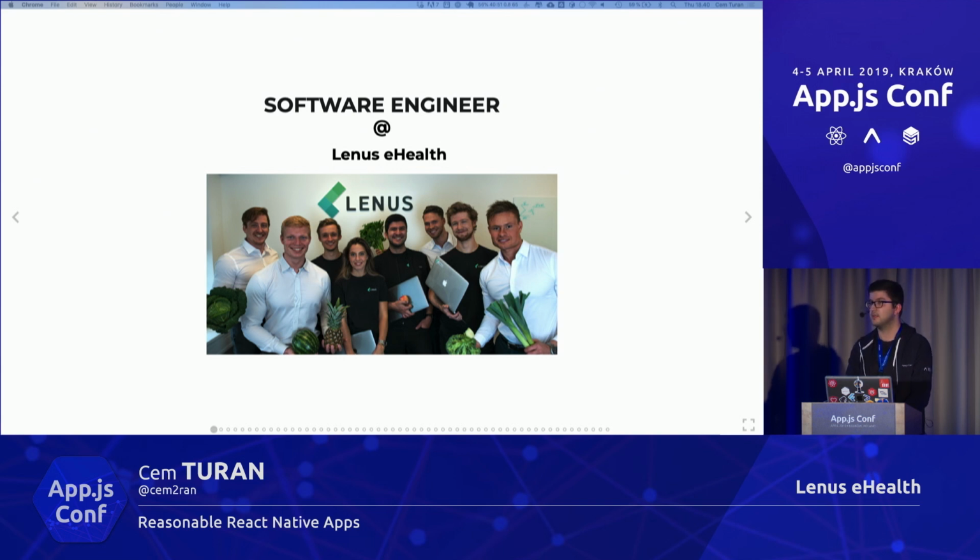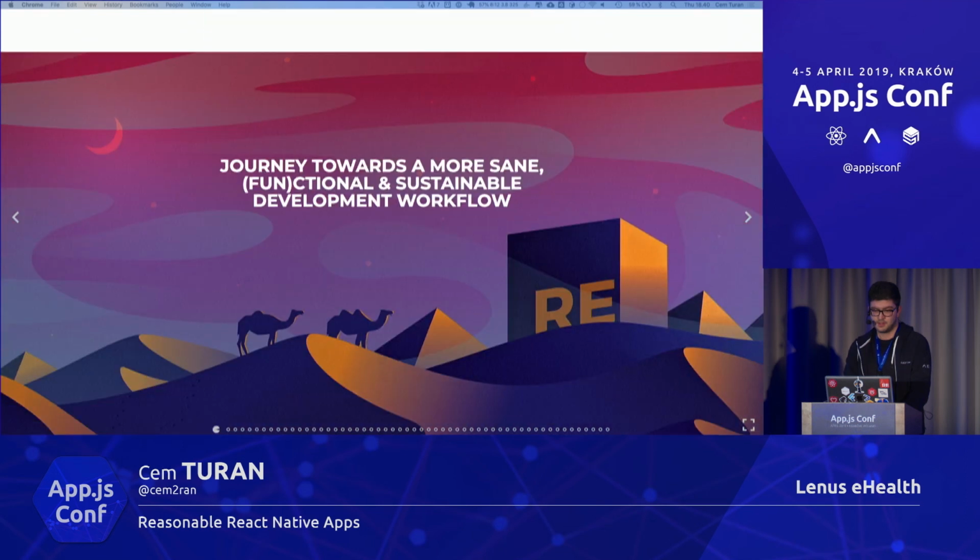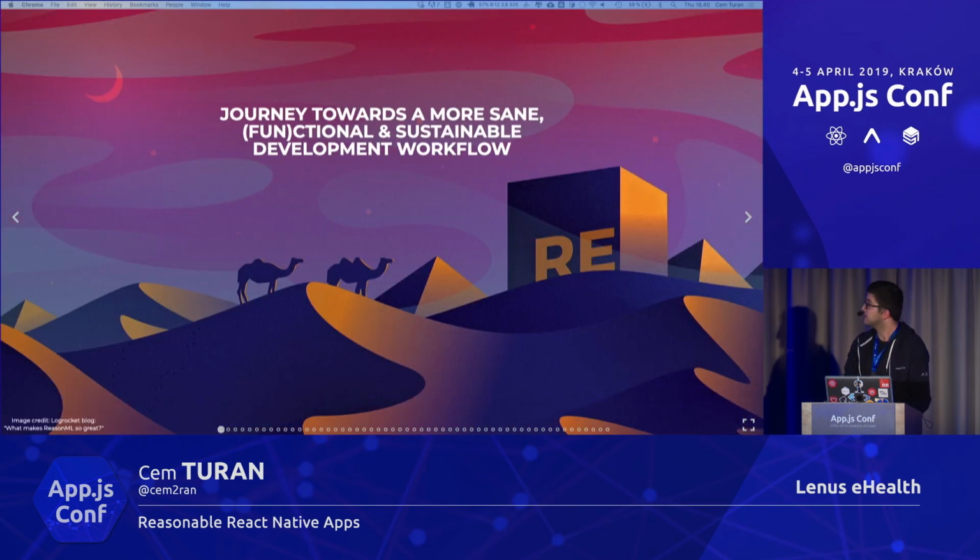And at this point, like 98% of our code base is ReasonML. This, of course, in some cases excludes external dependencies. So this is the journey towards a more sane, functional, and sustainable development workflow.